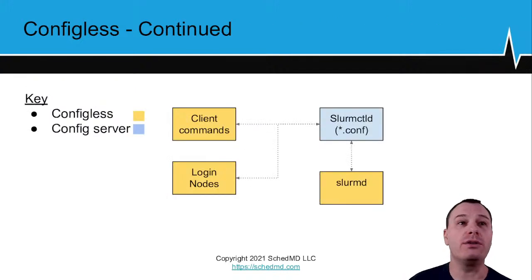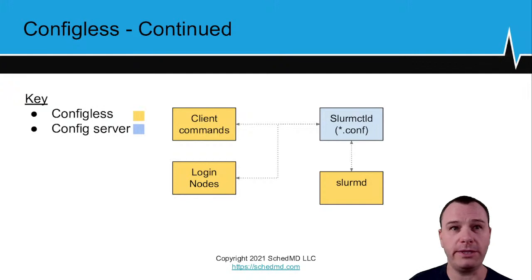All right, so as you can see here, I have a visual representation of a basic cluster with a Slurm controller set up with the enable_configless option, a Slurmd, and two client-side systems where client commands can be run. The light blue represents the server where all the Slurm config files are stored, and the orangish yellow represents configless clients.